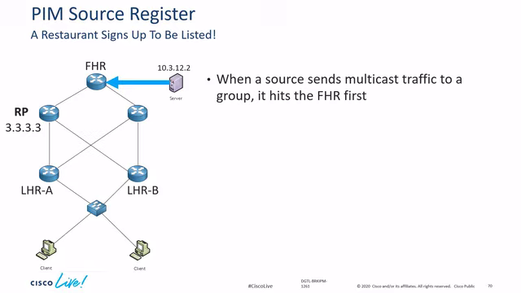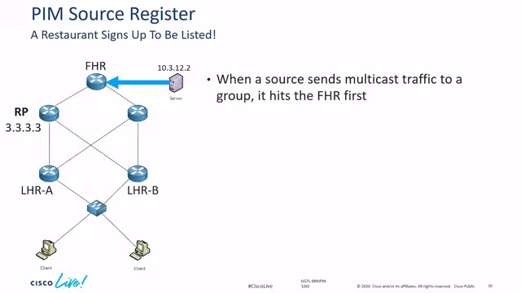So the source sends its multicast traffic to a particular group, and it hits that first hop router first. The first hop router could be seen as, say, the front of the house. We could call it the front of the house router. And we could say that the multicast server is sending the menu to the front of the house router.